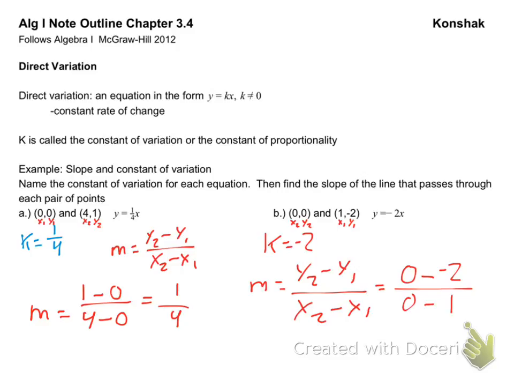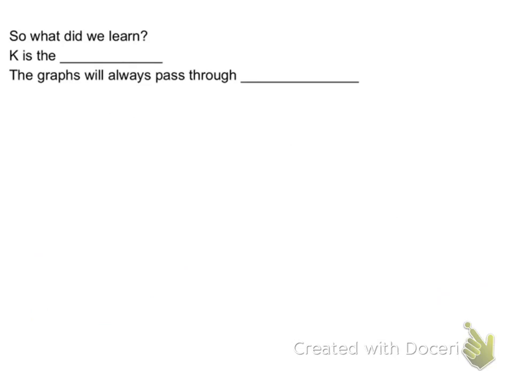When I subtract a negative, I am adding. So I get 2 over -1, which is -2, and again, they are the same. That's what we're trying to highlight there, okay? Any questions? So, what did we learn? K is the slope.